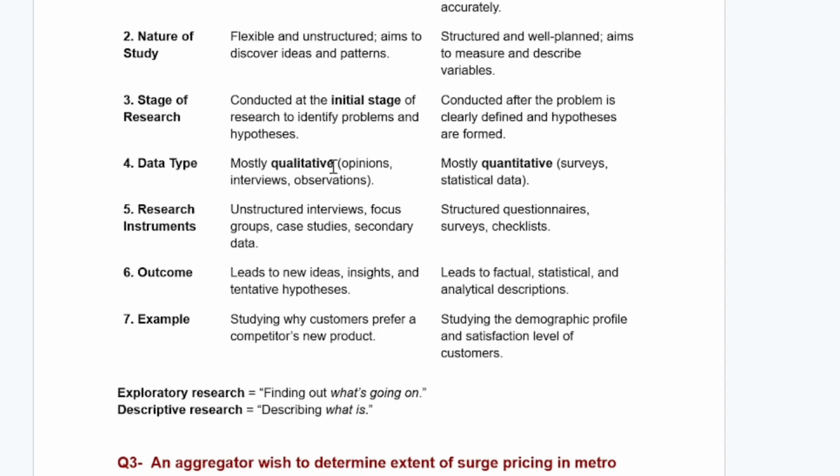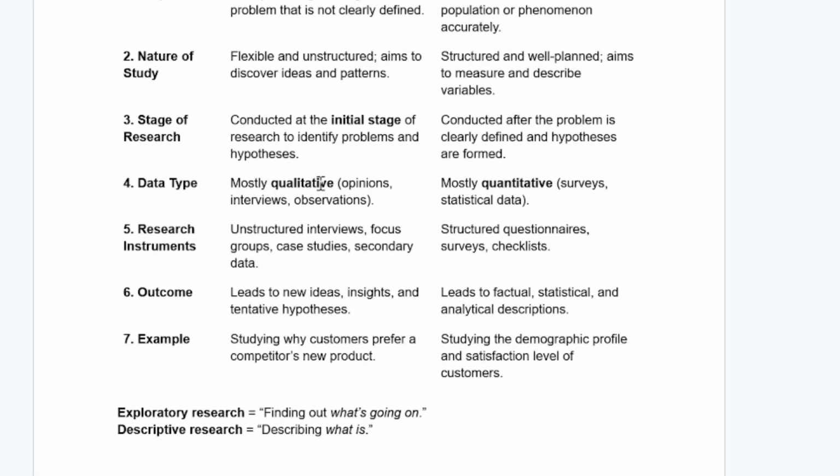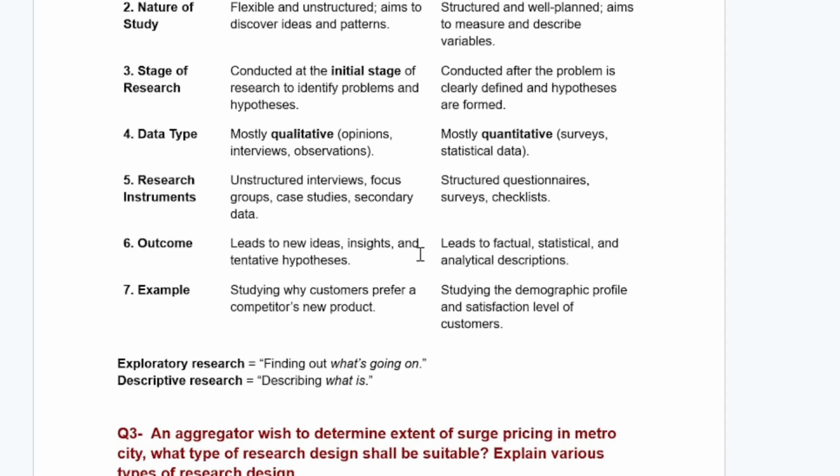Data type: here we use qualitative opinions, interviews and observations, and there we use statistical and survey data. Research instruments: in an exploratory study, we can use unstructured interviews, focus groups, case studies, secondary data. Here we can use structured questionnaires, surveys and checklists. Outcome: this leads to new ideas, insights and tentative hypotheses, and यहाँ पे this leads to a factual, statistical and analytical description.